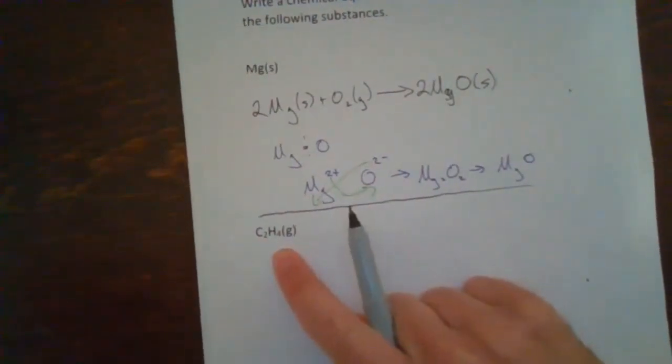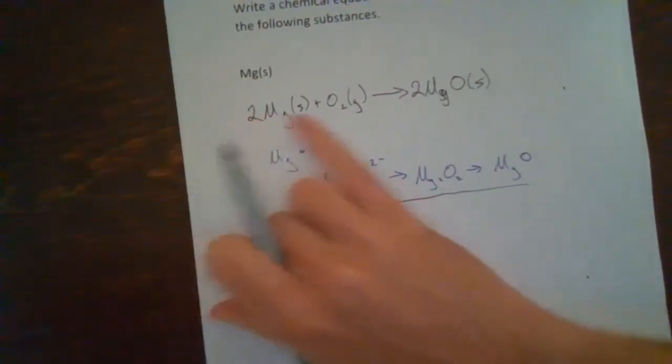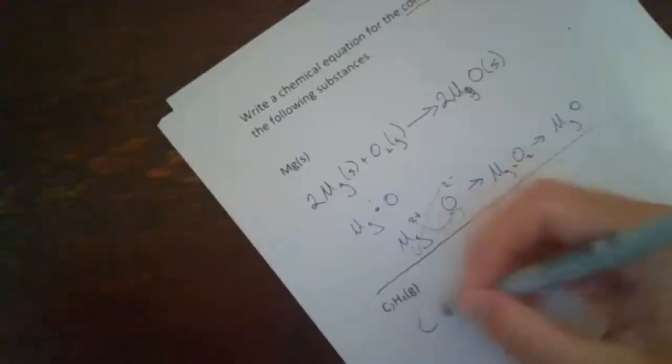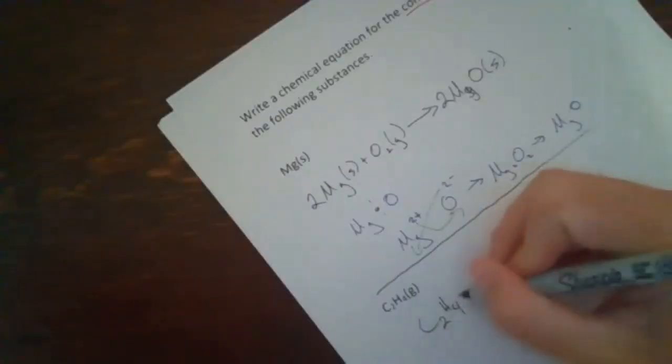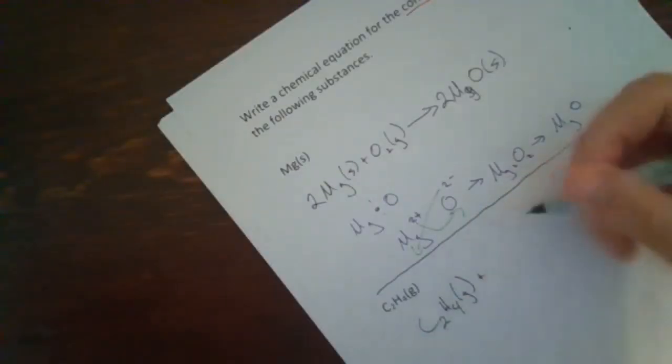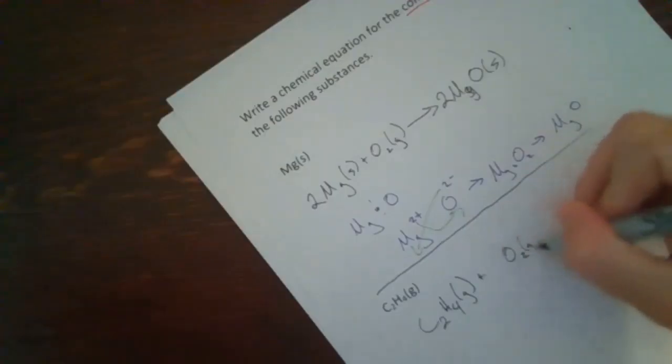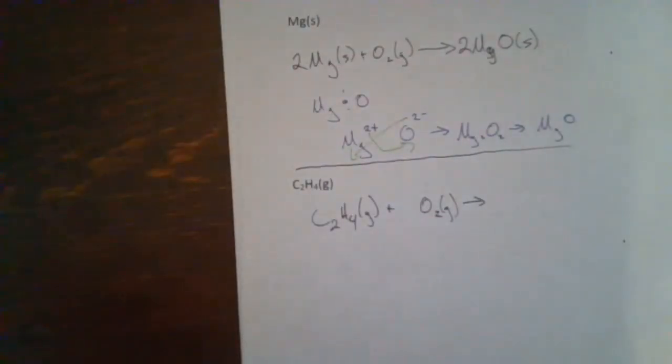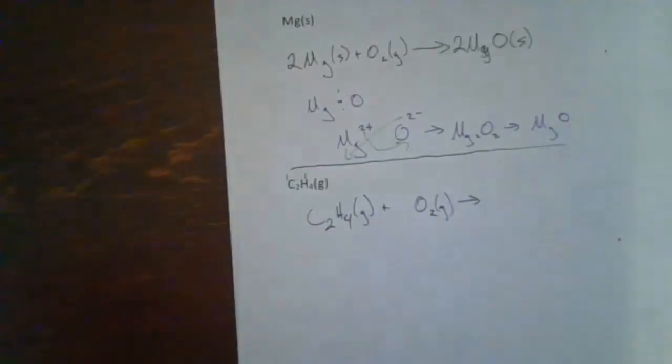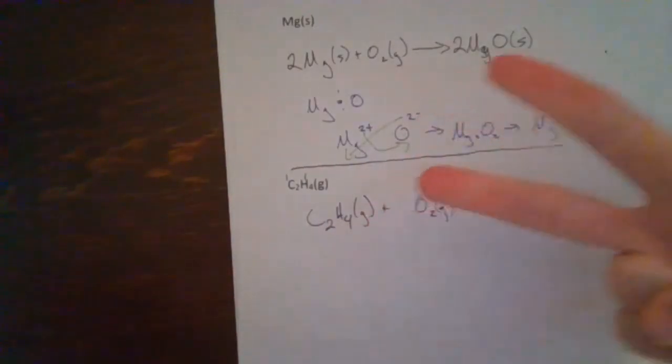C2H4 is then ethylene. We know the start is going to be the same. My reactants, same idea because it's still combustion: C2H4 gas plus O2 gas becomes some sort of product. When I look at the formula, I have carbon and hydrogen, so I have 2 atoms in that reactant.